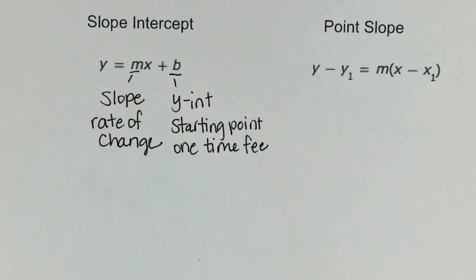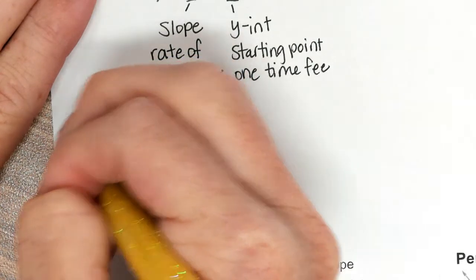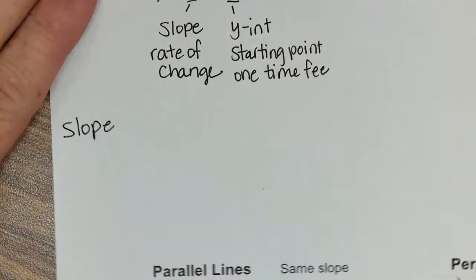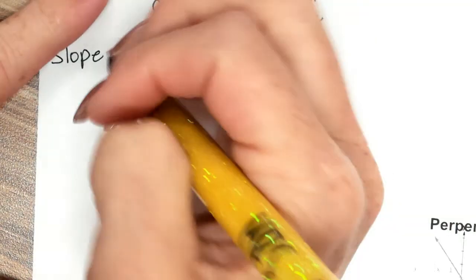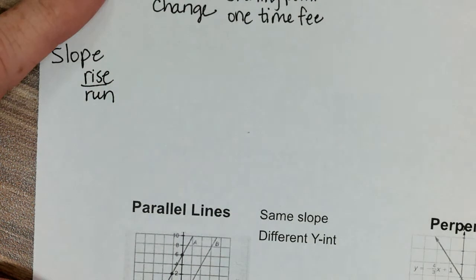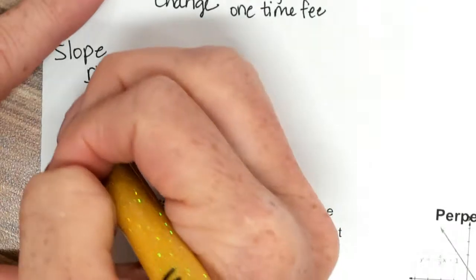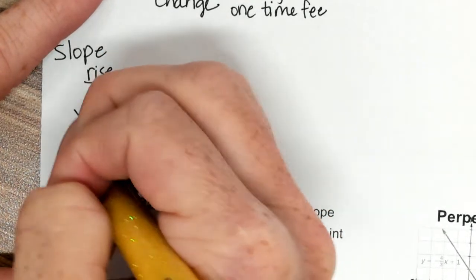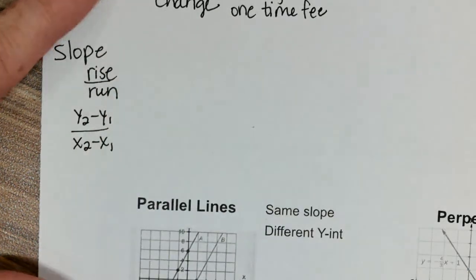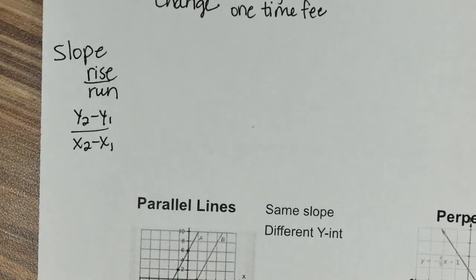Okay, let's talk about how you find slope and y-intercept. So right here, how can you find slope? There are 3 ways I have taught you. Rise over run. Slope formula, which is y2 minus y1 over x2 minus x1. And that's on your STAR chart. And then what's the last way that I've taught you?